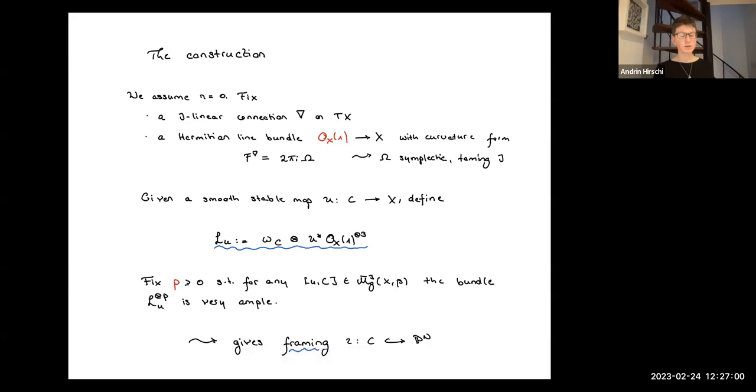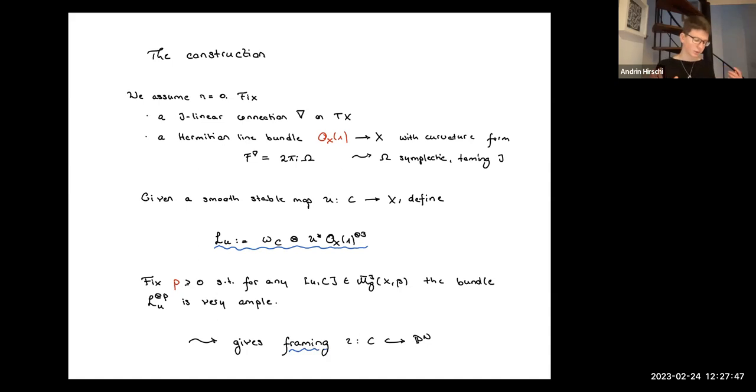Now, the very ampleness condition essentially just means that we obtain a framing, which is essentially an embedding iota of C into projective space, not quite uniquely characterized, but almost uniquely characterized by the fact that the pullback of the O(1) line bundle on P^n to C is isomorphic as a holomorphic line bundle to L_u^p. Since the H^1 of this line bundle vanishes, this in particular shows you that these embeddings are unobstructed. And since they are embeddings, they of course have no isotropy.